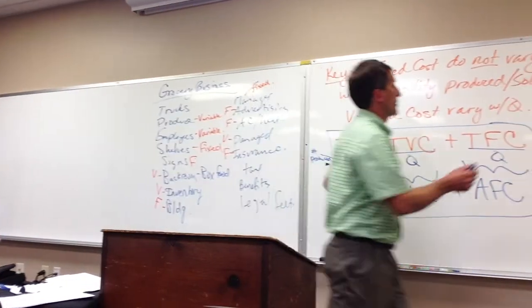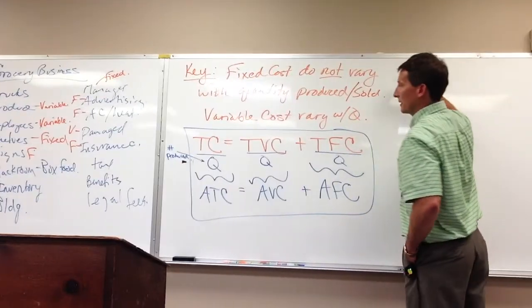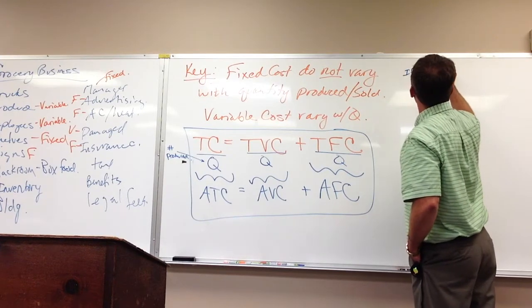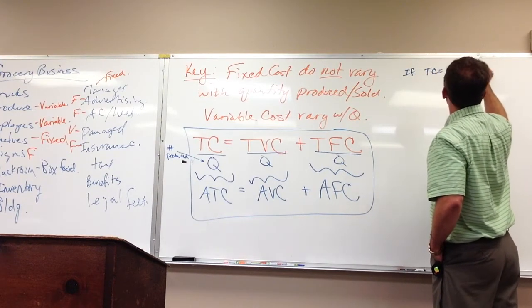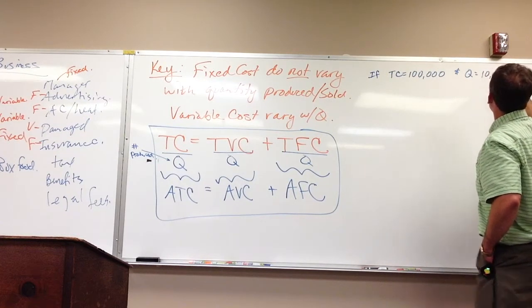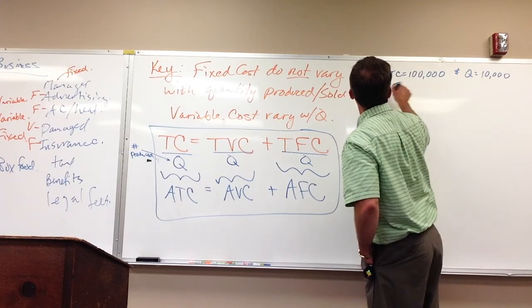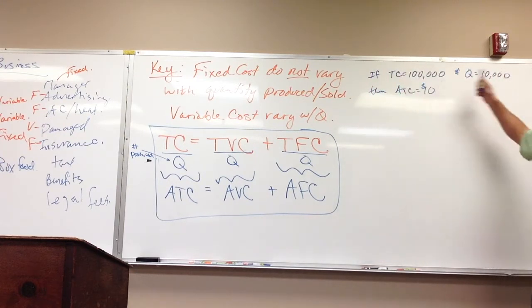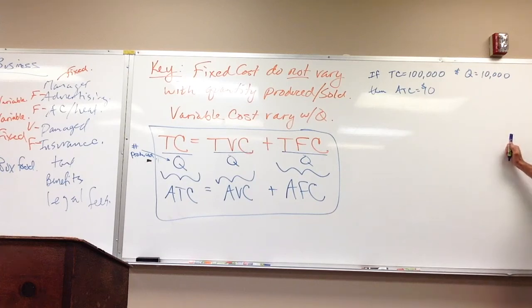All right, so let me put down just quickly here our little example again. So if total cost equals 100,000 and quantity equals 10,000, then average total cost equals $10 a unit. 100,000 divided by 10,000.